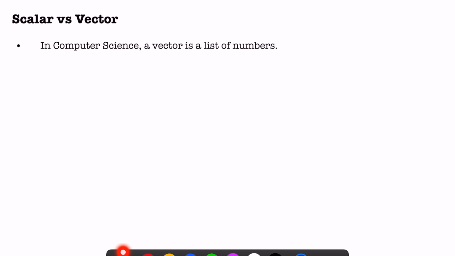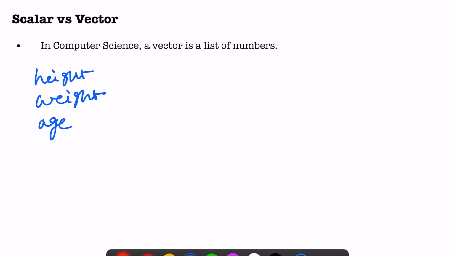In computer science, a vector is a list of numbers. So if you are from a computer science background, or let's say you are a data science specialist or data analyst, and you are dealing with individual people's data, then let's say you are collecting height, weight, age of a few people.